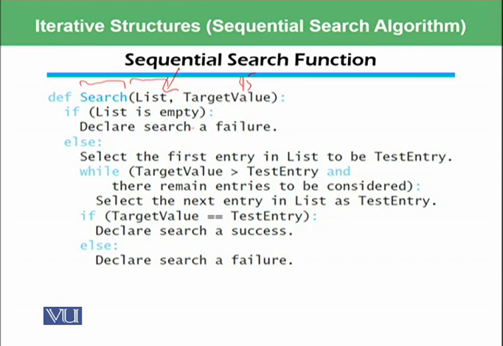It may also happen that there is no list provided by the user, then we declare the search a failure, that's it. Else if the list is not empty, then we select the first entry in the list, as we discussed, 12, the first one, and while 45 is greater than 12, this statement keeps on executing until we find 45 is equal to 45, and we declare the search result a success.